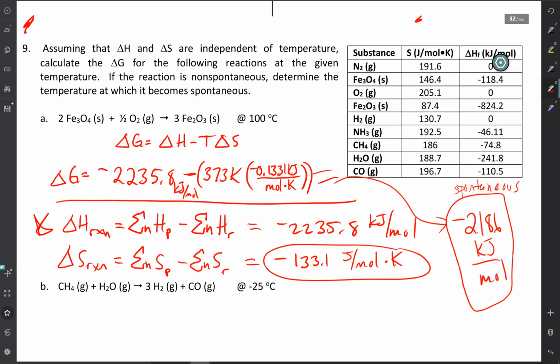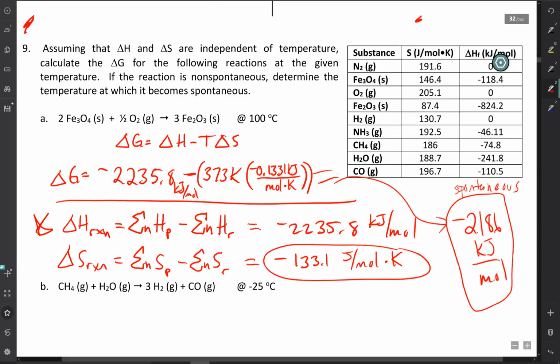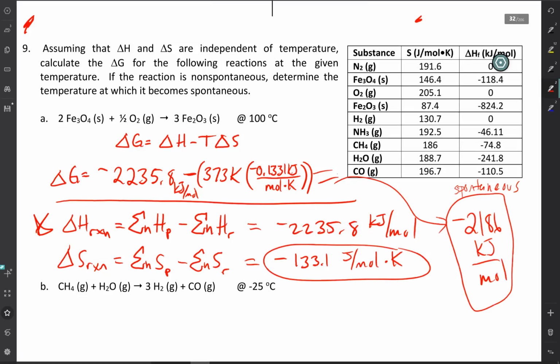The delta G of the reaction is equal to the summation of moles times G of products minus the summation of moles times G of reactants. I'm probably not going to ask you to do too much with that because you've used that formula, or something strikingly similar to it, so many times. But it can be solved for that way.